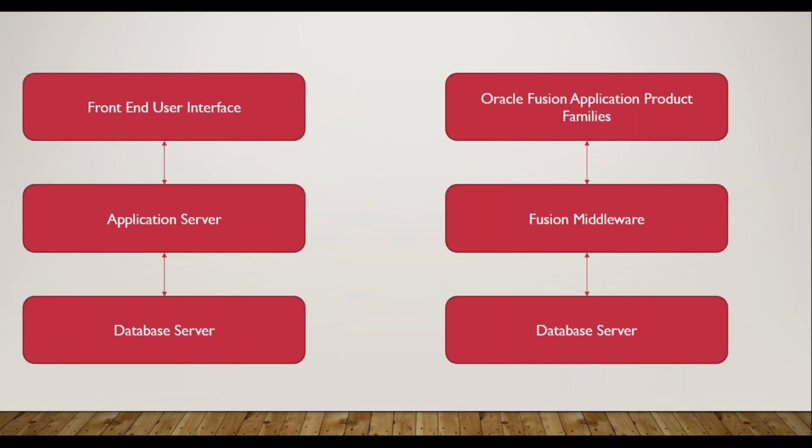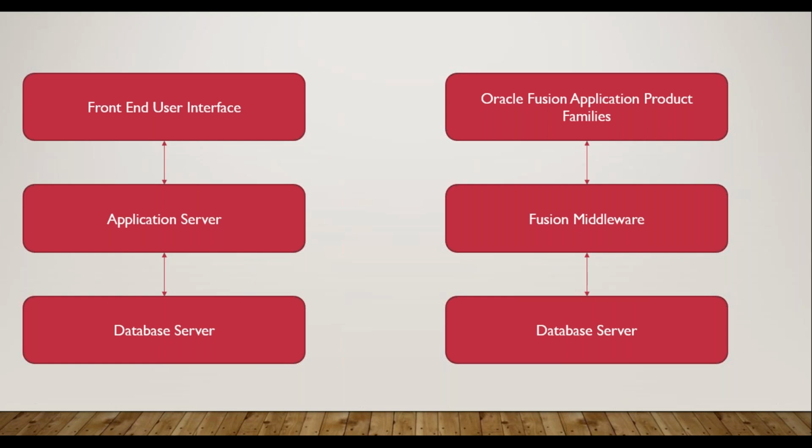So unlike any web application, we do have a front-end user and in between application server and database server. When we compare with the Oracle application, in a similar way, we do have Oracle Fusion application product families, and then Fusion middleware and database server.